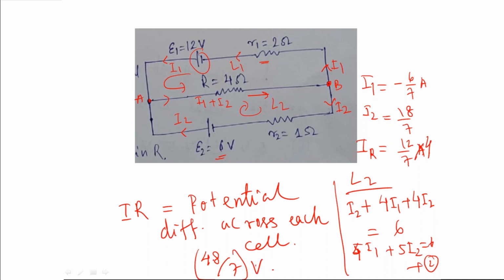You have to multiply by 4 over here, IR, so you get 48 by 7 volt.